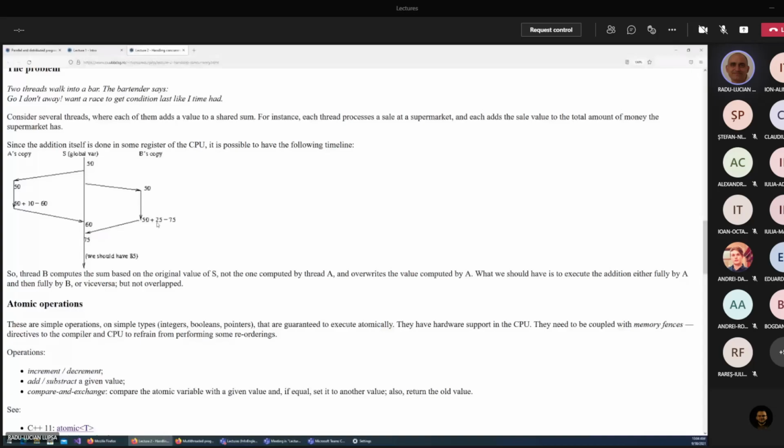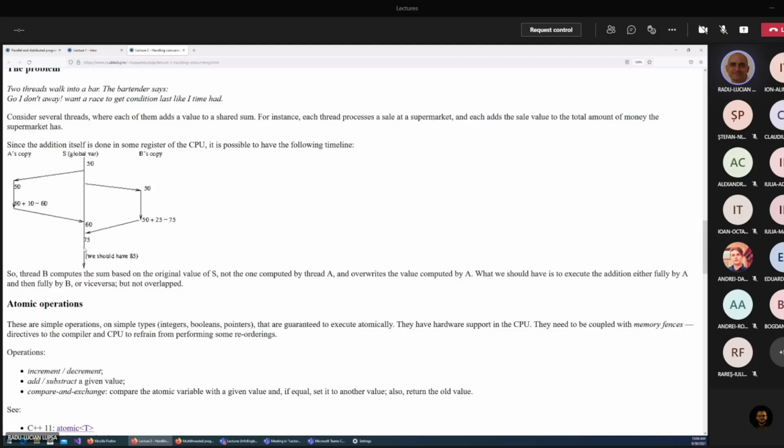It wasn't rendered properly. So let's say we are at a supermarket and we want to compute how much money the supermarket has. Each cell will add some amount to that value.